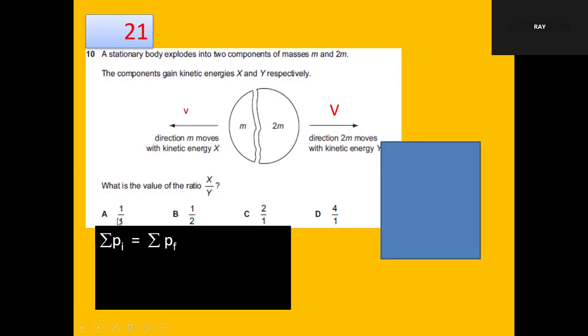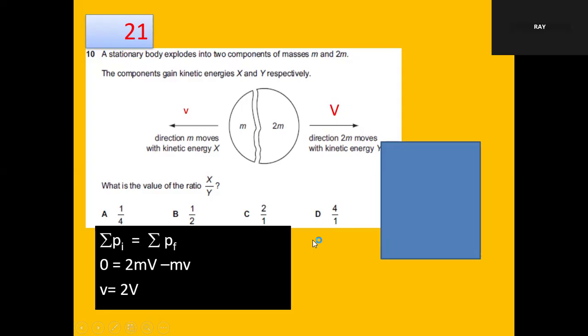Initially, momentum is 0, both of them stationary. Finally, we take right as positive, so 2M times V, and then the other direction is M times V, negative. So M and M can cancel off. You get V equals 2V.